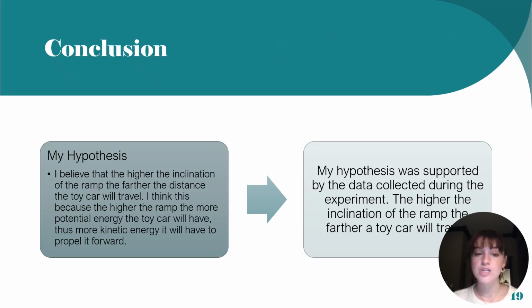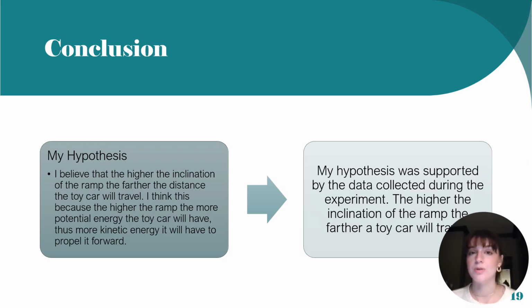So in conclusion, I think my hypothesis was supported with the data I found. The inclination of the ramp is 100% a factor in the distance a car travels down a ramp. The steeper the incline of the ramp, the farther the distance the car will travel.